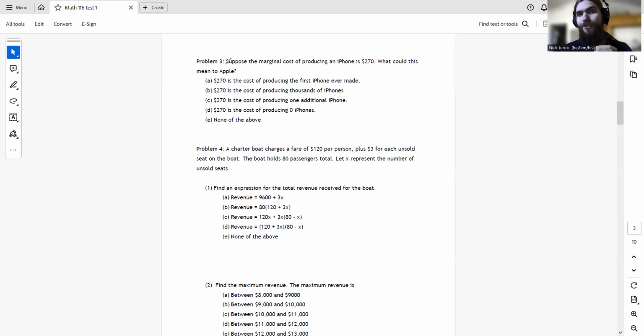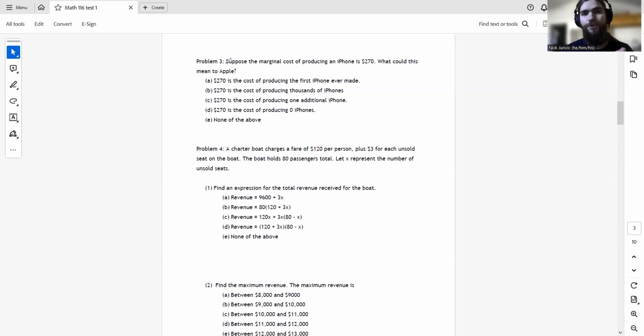That might be more like, if you were to look at the cost function, something like C of 1, depending on how you interpret it. But that would still include the fixed costs of production. So it's not quite the marginal cost, it's too much. Same with part B that says $270 is the cost of producing thousands of iPhones.